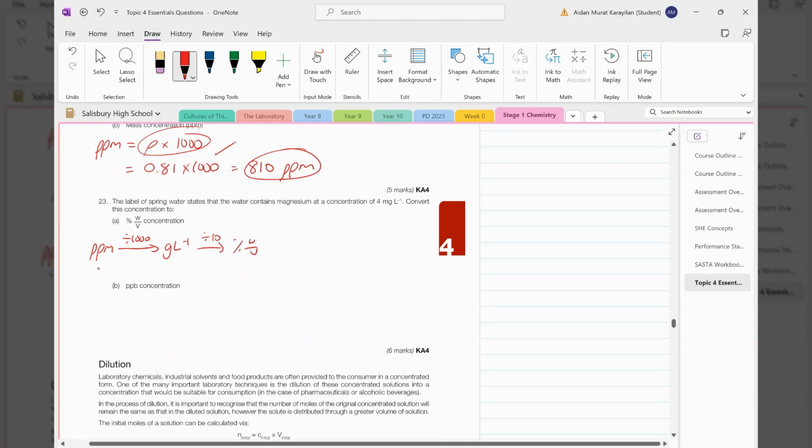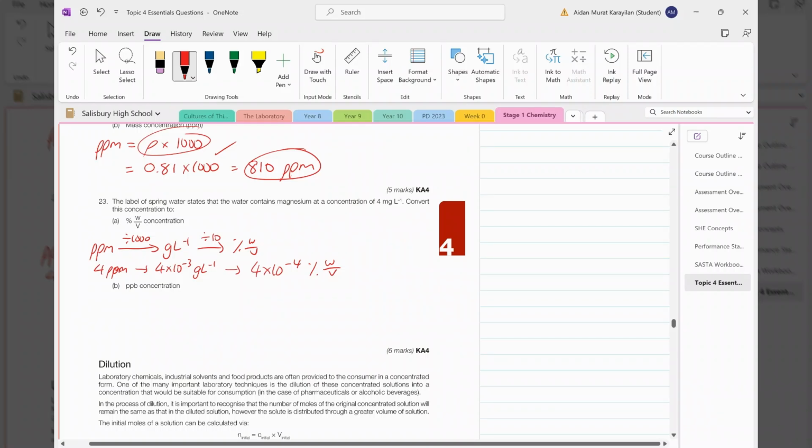So we take our 4 ppm, which is 4 milligrams per litre, we divide by 1,000, giving us 4 times 10 to the negative 3 grams per litre. And then we divide it by 10 again to give us 4 times 10 to the negative 4 percent weight to volume. And that's our answer.